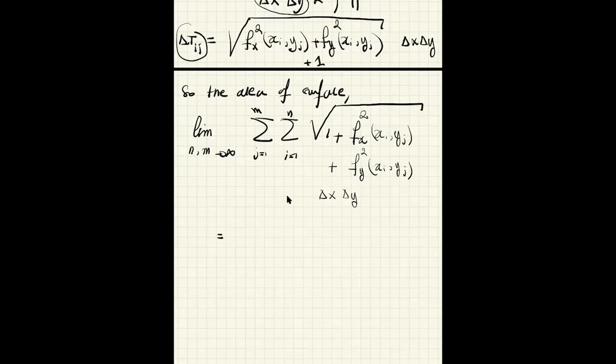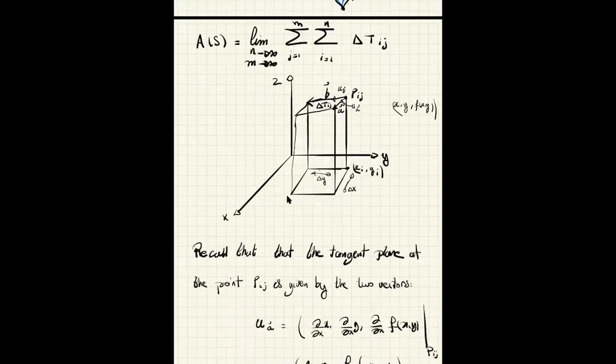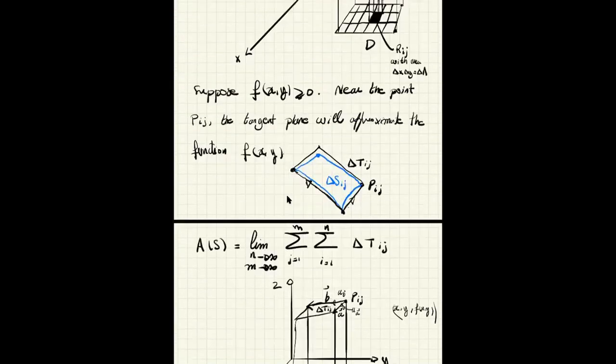So when you go to the limit, it gives you the double integral over the rectangle. Did I call it R or D? D.